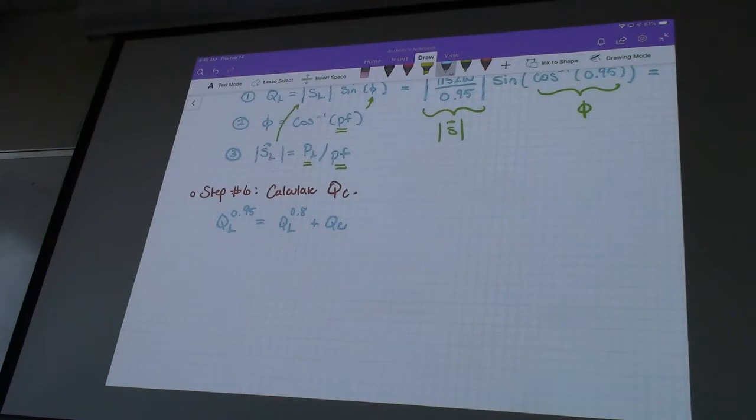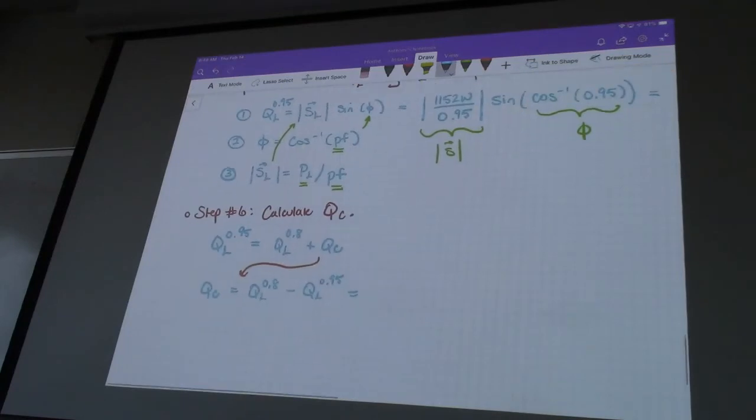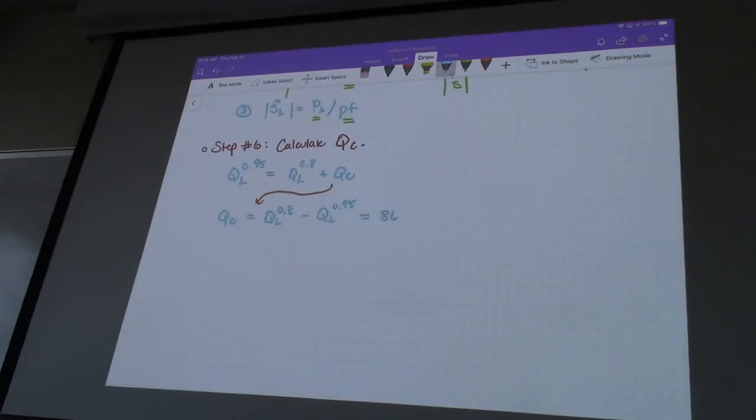And if we rearrange this, we end up with QC is equal to QL 0.8 minus QL 0.95, which is 864 var. Professor, did you write that? Did I write it backwards?